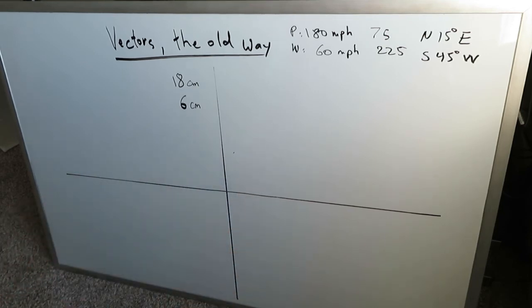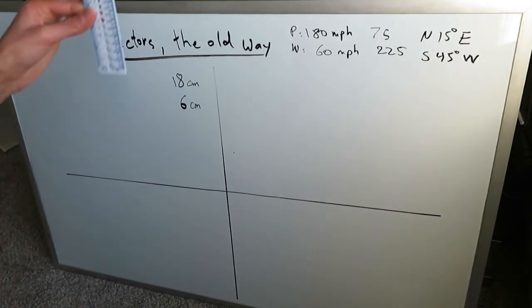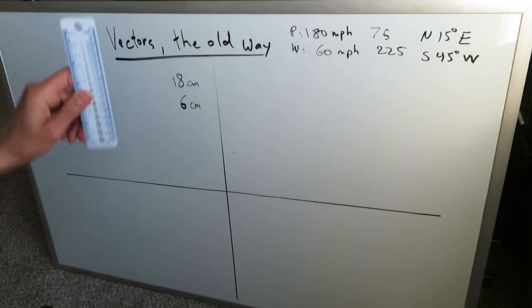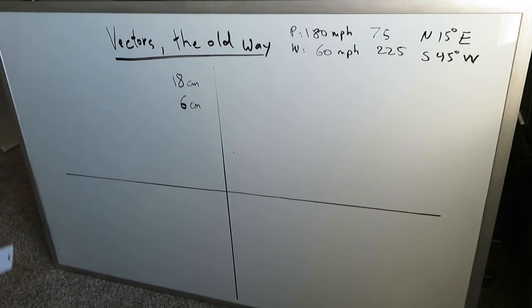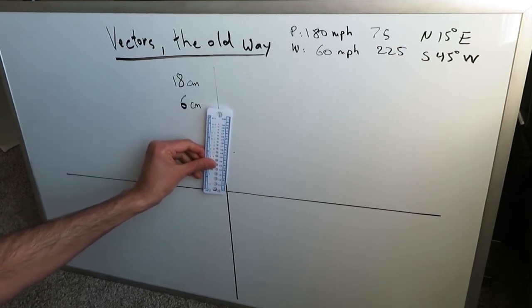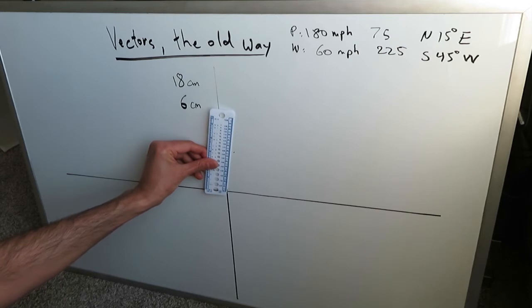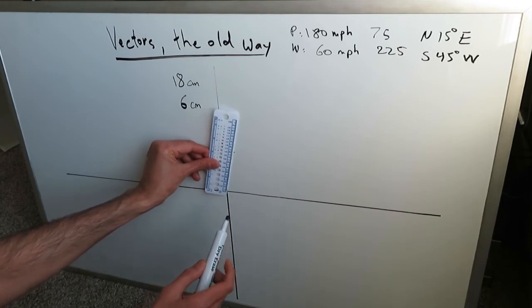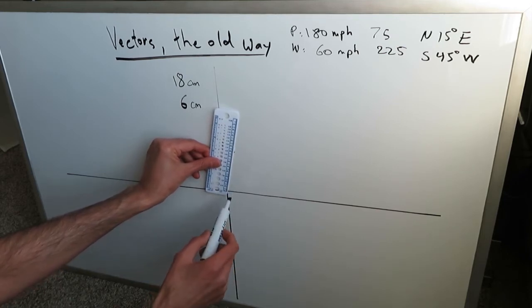Now all I have to do, and I'm going to use centimeters over here, I have a small ruler, and I'm purposely using a small ruler so I don't hide too many things by blocking your view with a large ruler. I'm going to draw from the origin. I have a 14 centimeter ruler over here, so I just have to go up to 18. I'll do 14 all the way, then I'll add 4 on the top. And remember, you've got to be accurate over here.